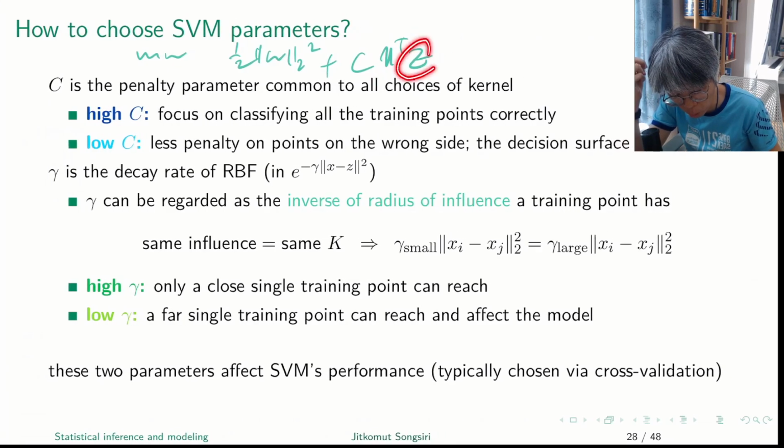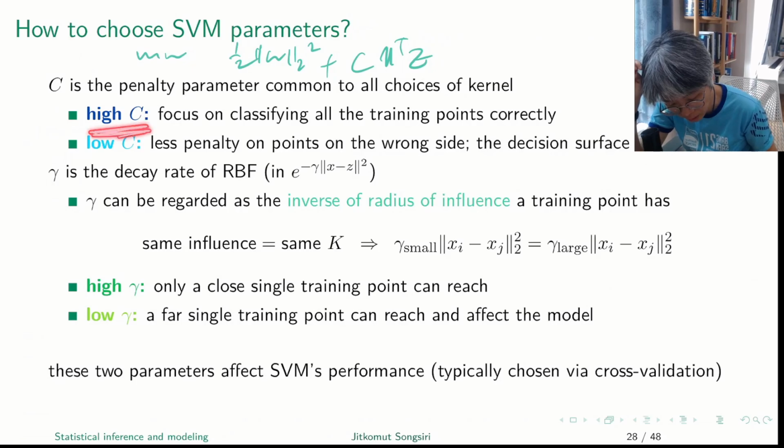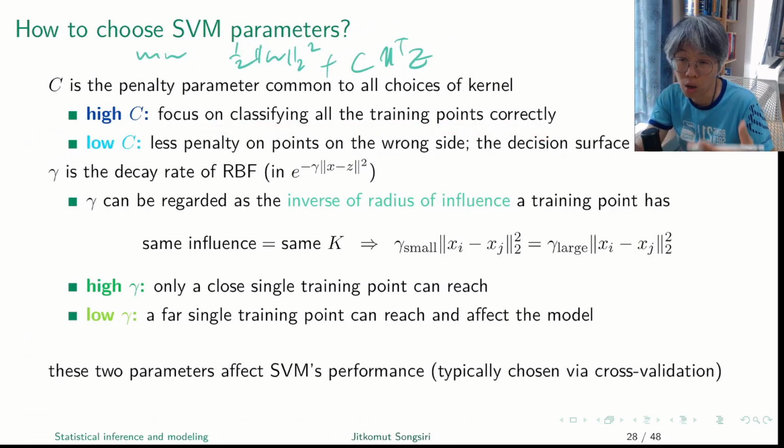It's a slack variable when you allow your method to misclassify some points to be on the wrong side of their class. So if you choose high C, you care more about this term, you penalize this more. So you focus more on classifying all the training points correctly. So in this case, your model is going to be more complex.